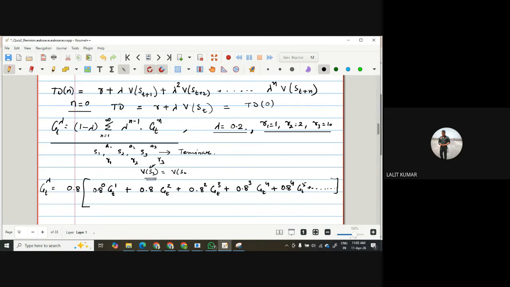But we know that our episode has been terminated at G_t^3, so G4, G5 and all future values will be G3. G_t^1 we can calculate. For example, we have been given gamma equal to 1 also. We will find some value, for example, a value of 1.